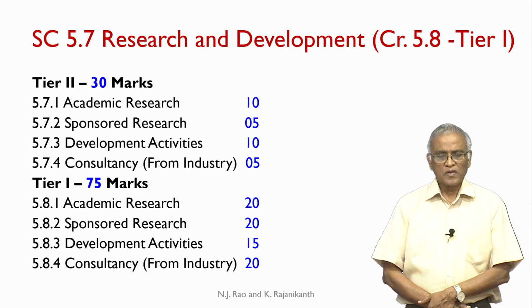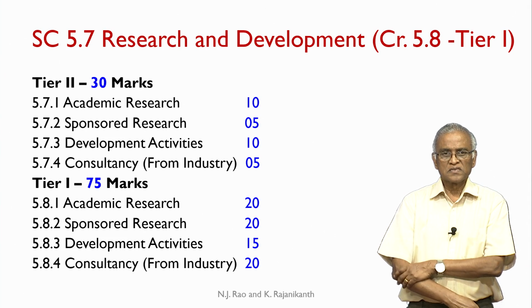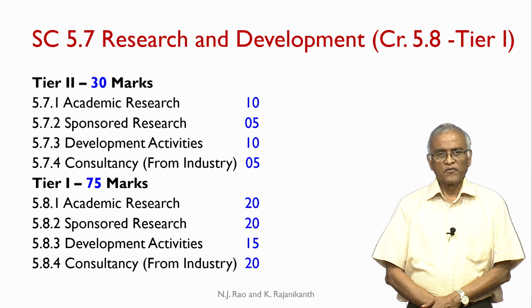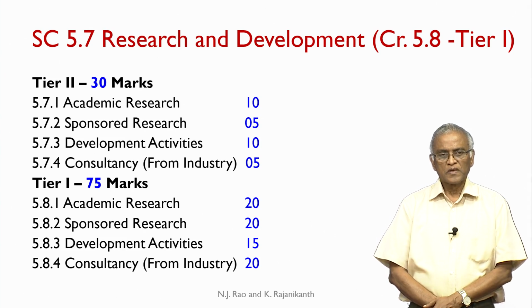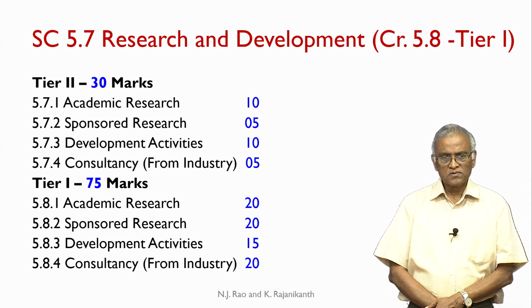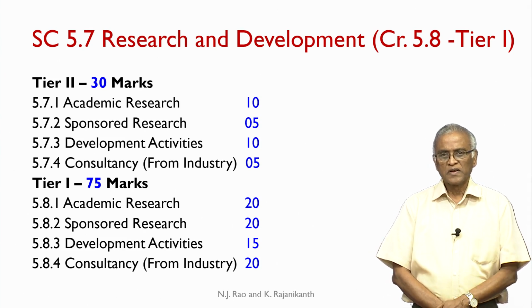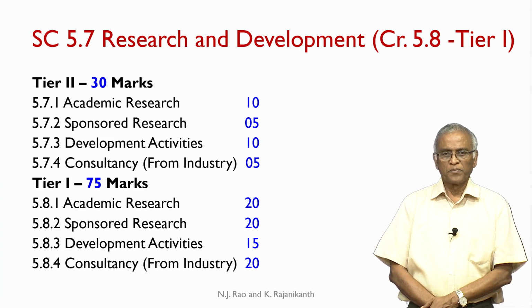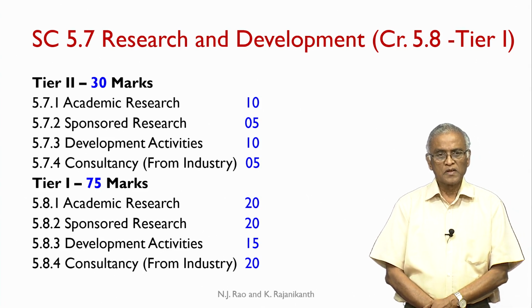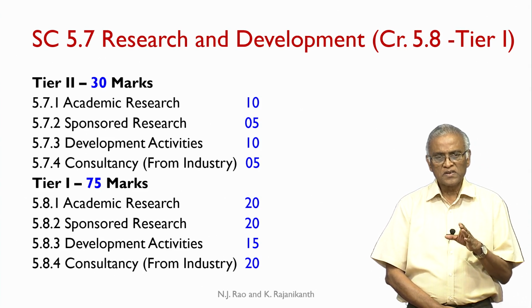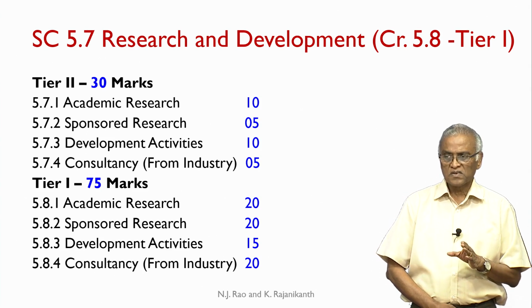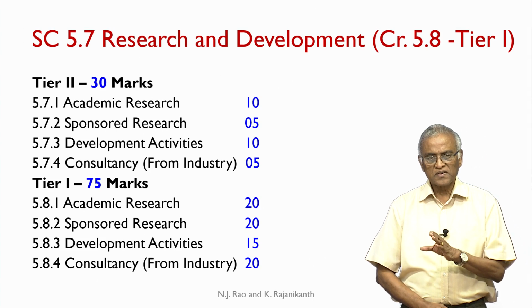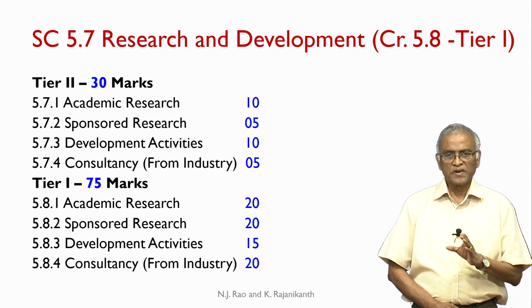Now, this is a really major one, 5.7. This is 30 marks for tier 2 and 75 marks for tier 1 institution, but it becomes criterion 5.8 for tier 1. Now, you have academic research, sponsored research, development activities, and consultancy from industry.